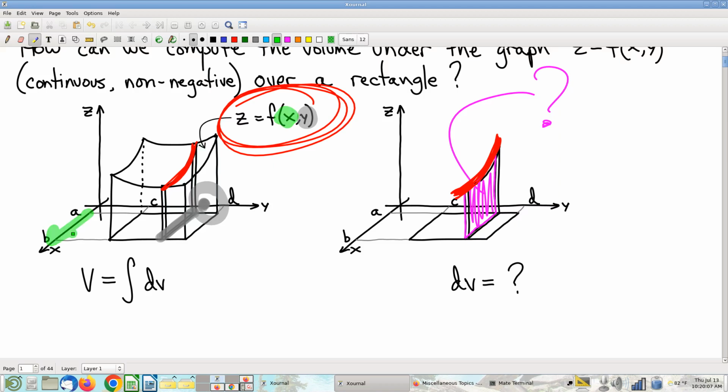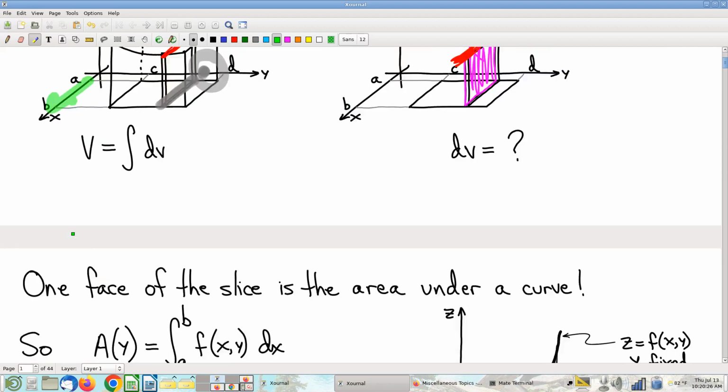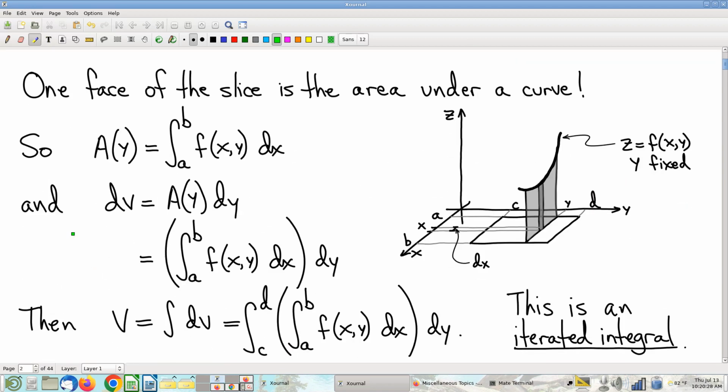X is going to go from A to B. Y is constant. The area that I need here to compute that area is in fact for a single explicit fixed value of y. So we treat y as a constant. And no big deal. This works out great. And again, a lot of this is already written down over here.